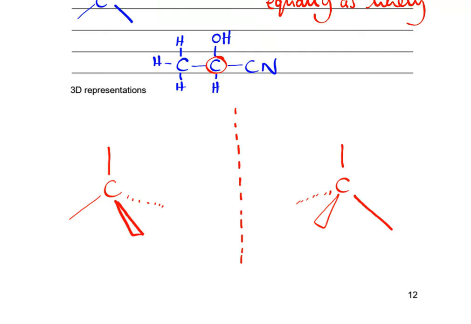So we've got the methyl group. These can go anywhere that you want. I've got the OH group. Make sure that when you do it in the mirror it becomes HO. And we've also got our CN, as well as finally my hydrogen.